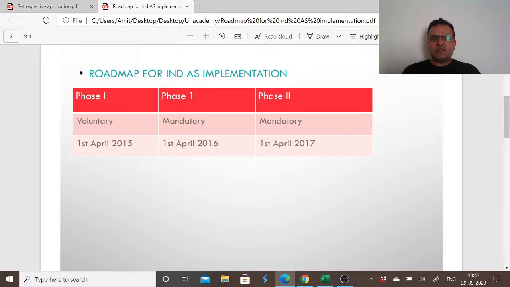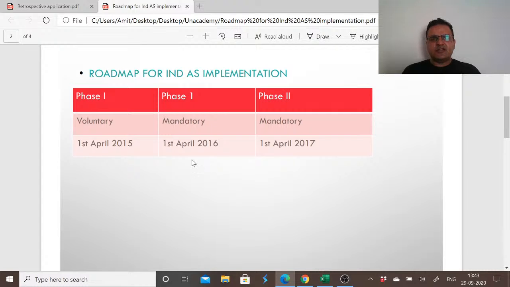Mandatorily applicable in phase 1 in the financial year beginning 1st April 16. So my example has been around mandatory application in phase 1, which is applicable for the financial year beginning 1st April 16. If it is applicable from financial year beginning 1st April 16, what is the first Ind AS compliant balance sheet date? That is of 1st April 16 is the beginning, then ending is on 31st March 17.